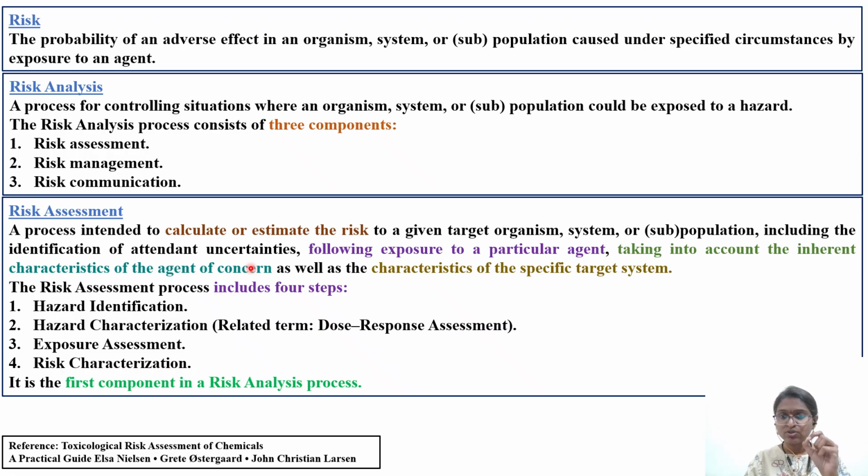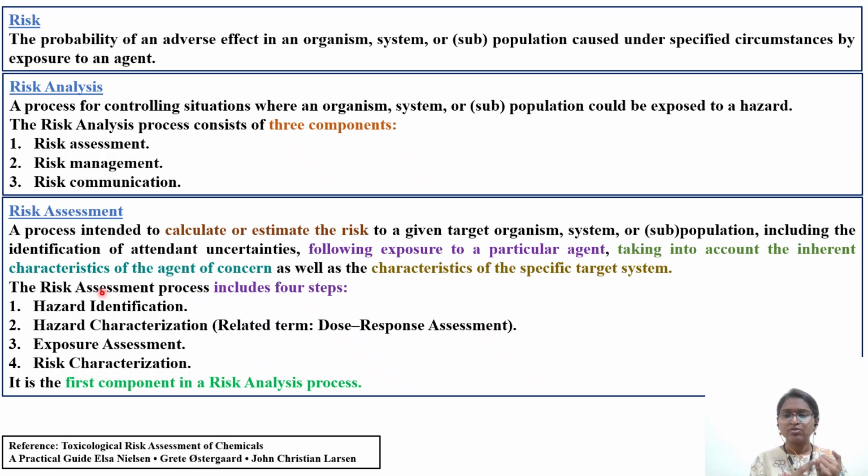For those uncertainties you have to apply an additional uncertainty factor to address the risk following exposure to a particular agent, taking into account the inherent characteristics of the agent. Inherent means it has a certain functional group or characteristic which is specific to that particular chemical.